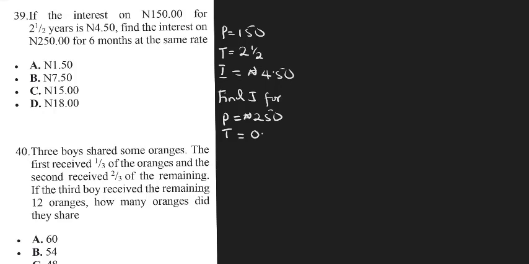So write 0.5 years, because it's half of a year. Then at the same rate, the rate is what we are going to calculate here. After getting it, we will put it here. So in order to calculate the rate, we know the formula for calculating simple interest is I equals P times R times T over 100.